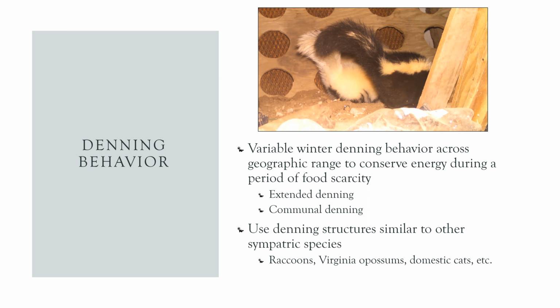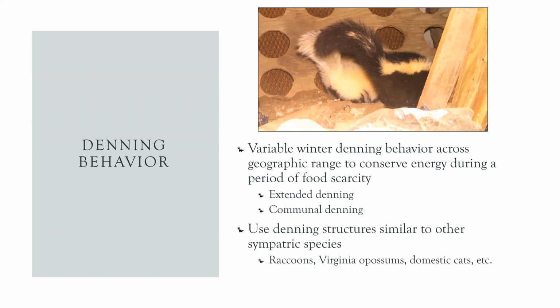But in areas where they're experiencing a harsh winter, they have this period of food scarcity that they're enduring. And so they typically participate in extended denning, where they're going into a den and staying in a den for multiple days. Think of hibernation. They're not true hibernators, but it's a similar situation.